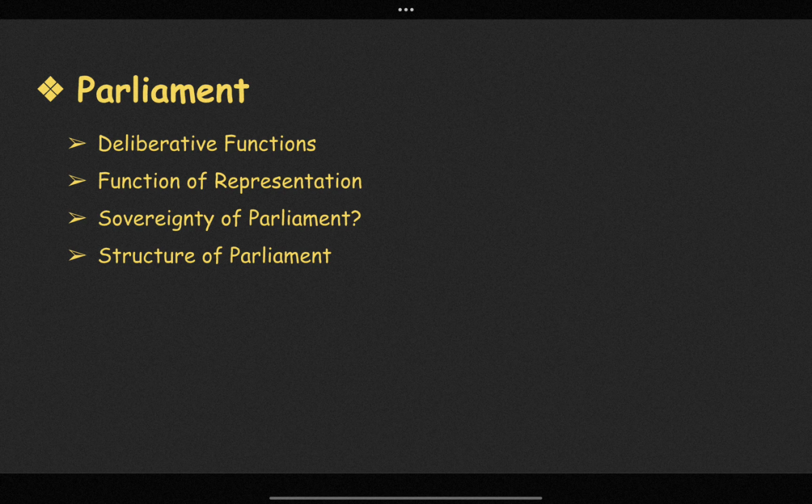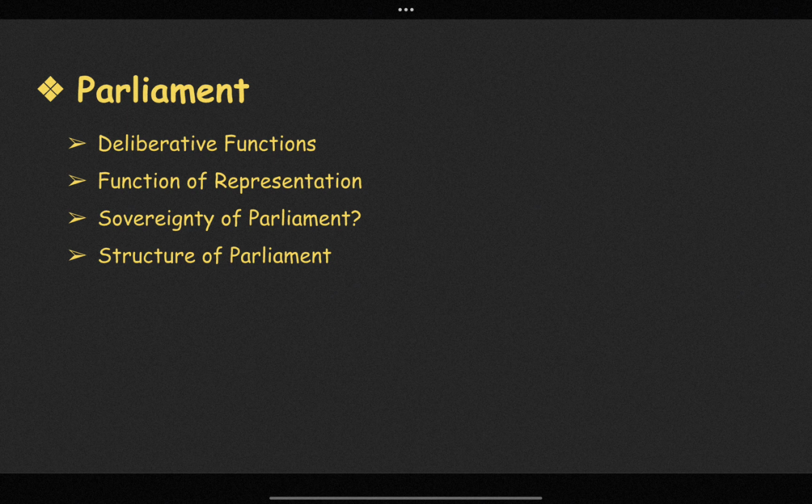The Parliament must exercise only the powers conferred on it by the Constitution, by following the procedure laid down in the Constitution. If a law passed by the Parliament is not in accordance with the provisions of the Constitution or the spirit of the Constitution, that is the basic structure of the Constitution, the Supreme Court has the power to declare it invalid.